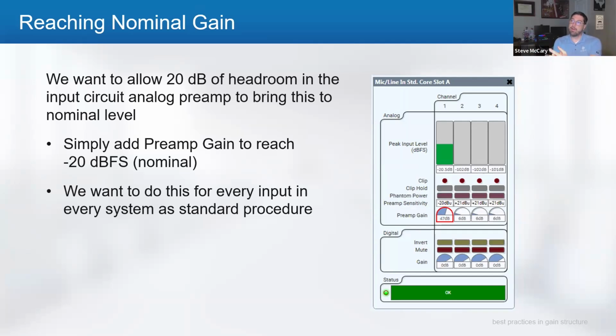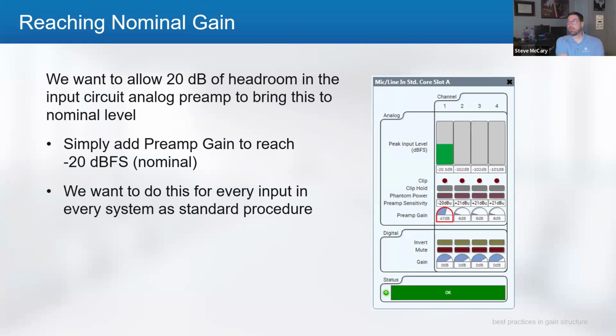As you can see on this little screen grab on the right, we want to have 20 dB of headroom on the input circuit, so we need to be able to leave that room. And if 0 is our clipping point, then -20 is where we want to have our nominal level. And we want to go through every single input, and make sure that everything is evened out on the input side.